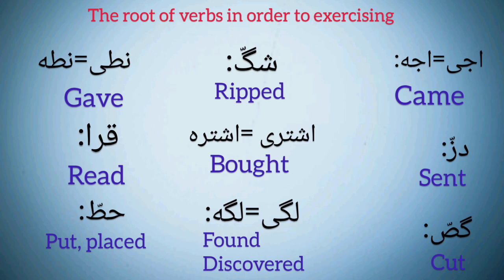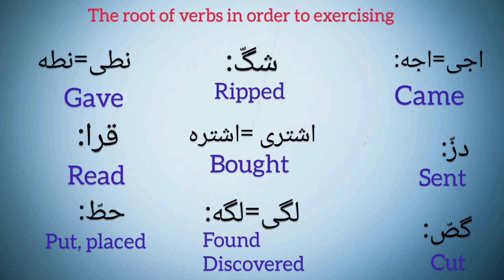And the third one is قص. It basically means cut, and it's a past tense verb. قص. It basically means cut. Then شق. As you see, this one is also a type of root where the last two letters are the same.